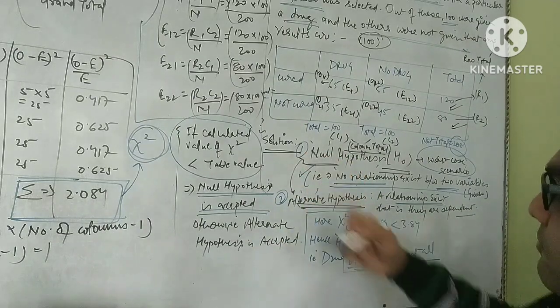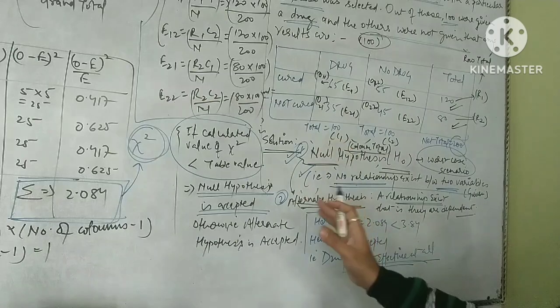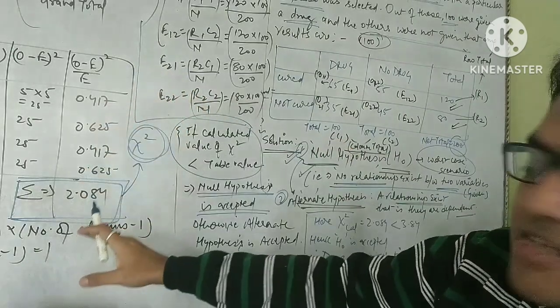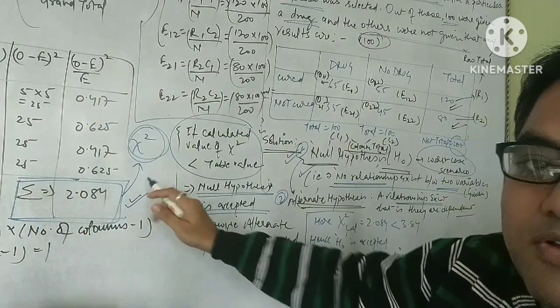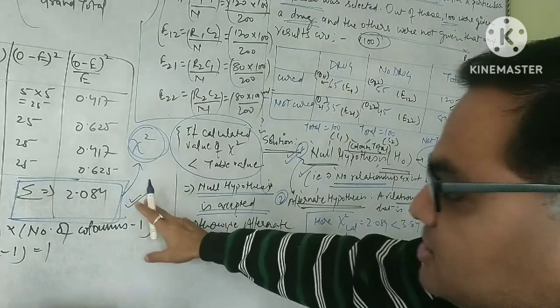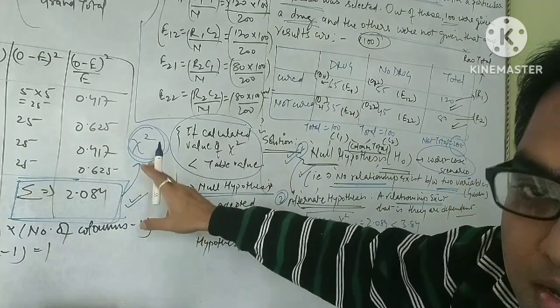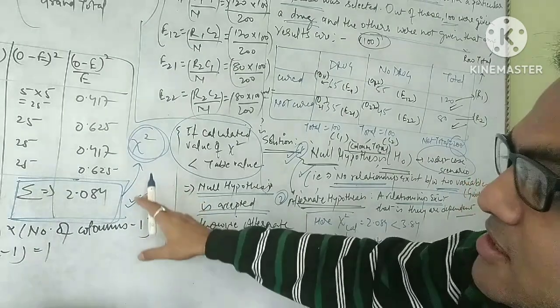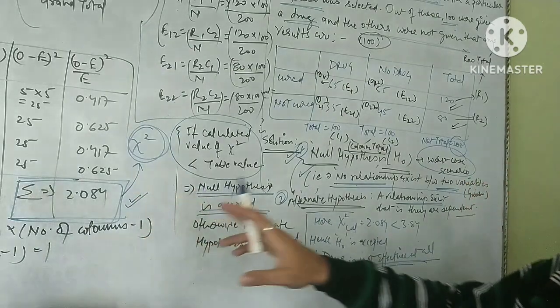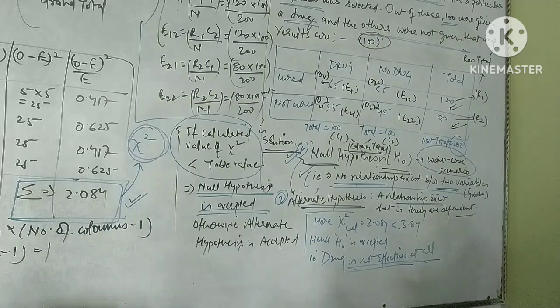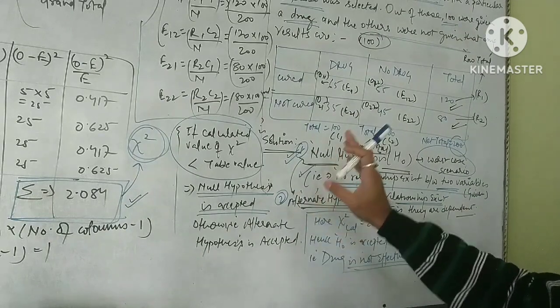We start with the null hypothesis and check if our chi-square variable that I have calculated here has come out less than the tabular value of the chi-square at 5% level according to the given degree of freedom; then the null hypothesis will be accepted.